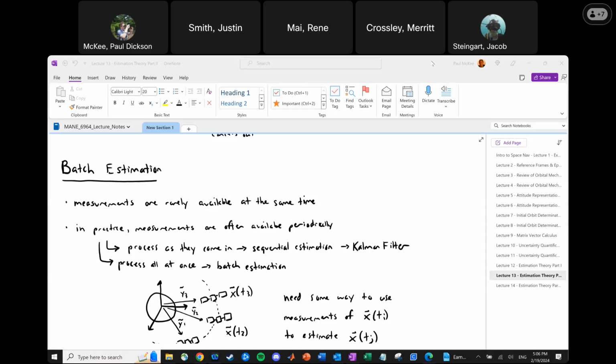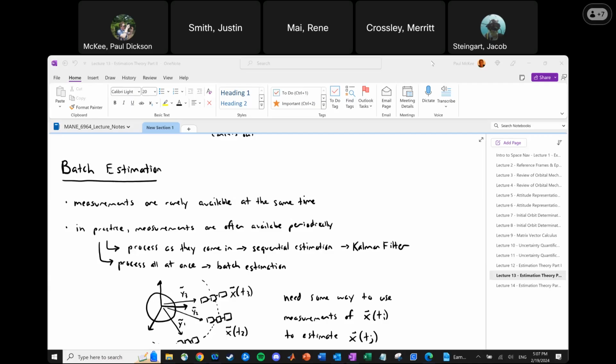When people think of sequential estimation, they typically think of a Kalman filter, an extended Kalman filter, an unscented Kalman filter, or a multiplicative extended Kalman filter. But they all have the name Kalman in there somewhere. Kalman filters, for example, are what fly on the Orion spacecraft. So think of a guidance computer running on the spacecraft all the time, right? That's Kalman filtering. We have a whole unit on that later in this class.